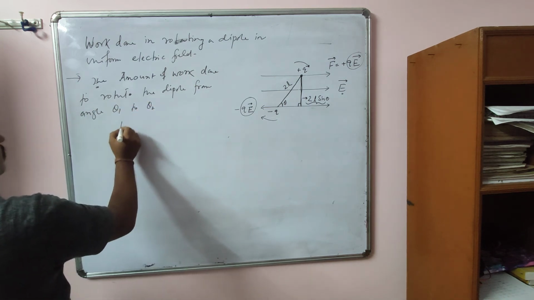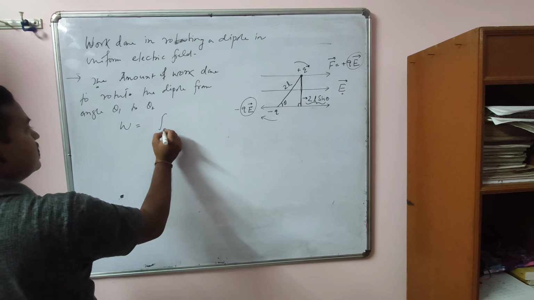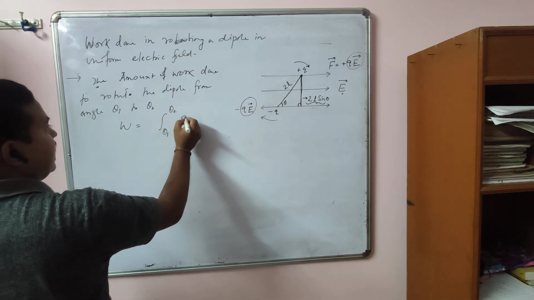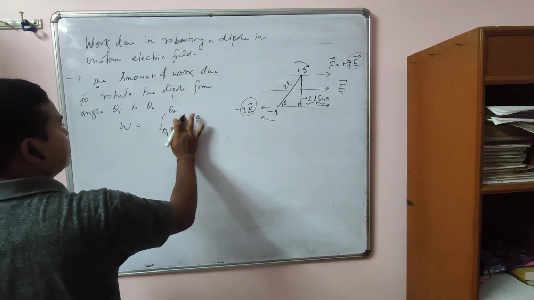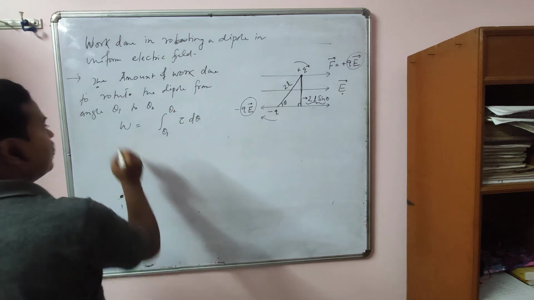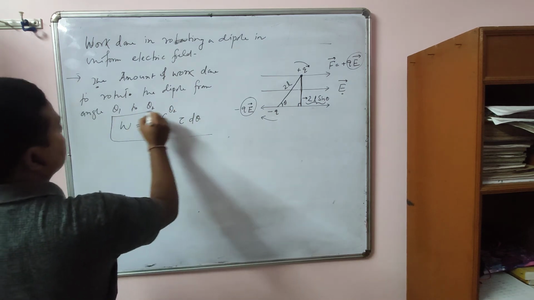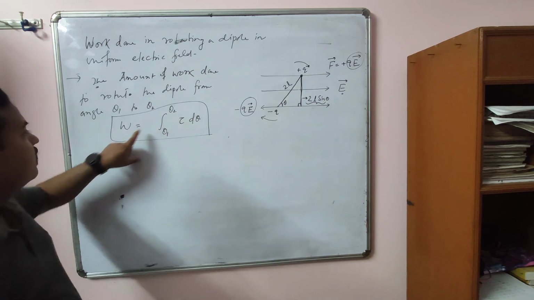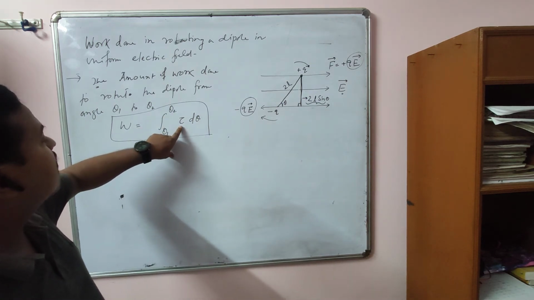What is the expression? Work done is the integration from theta 1 to theta 2 of torque d theta. Now from where do you get this formula? Do you know this formula? Work done equals integration theta 1 to theta 2 tau d theta.